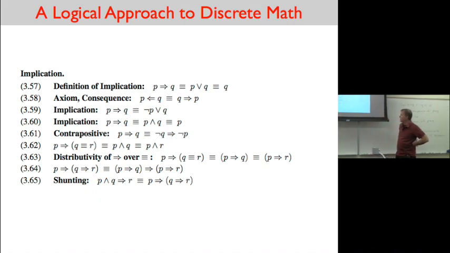3.64 has P implies parentheses, Q implies R. Now notice, what is it when you have the parentheses around the first and then the third one, and then you put the parentheses around this one? Associative. So what does 3.64 say about associativity? It says that implication is, or is not, associative.